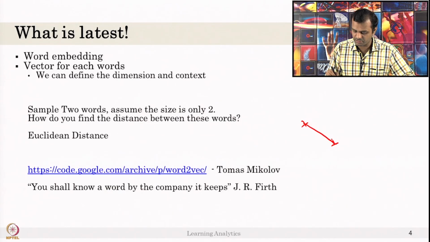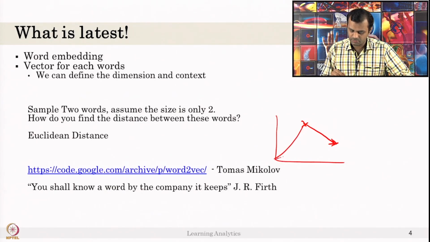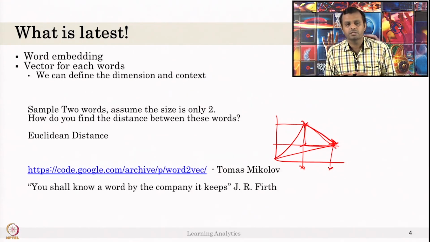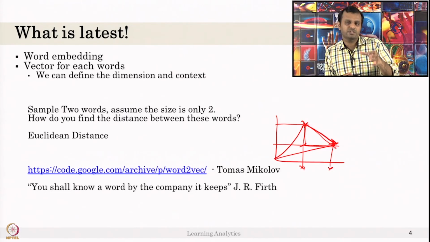The Euclidean distance between these two vectors is identified like this: from the origin you know the x1 value, the difference between the x values gives this side, and the difference between the y values gives this side. By the Pythagoras theorem, you then know the distance between these two vectors. It is very simple, right. So you can use the Euclidean distance to identify the distance between these two words.